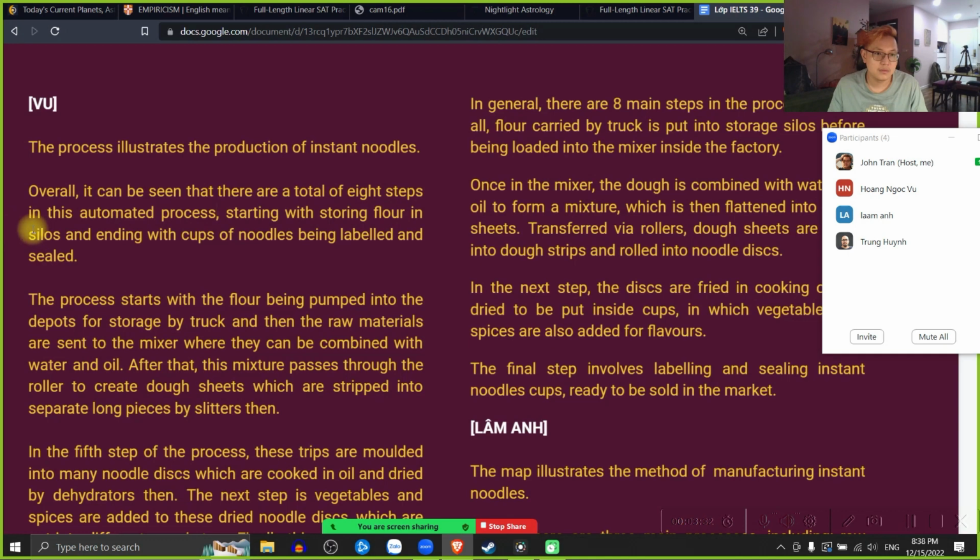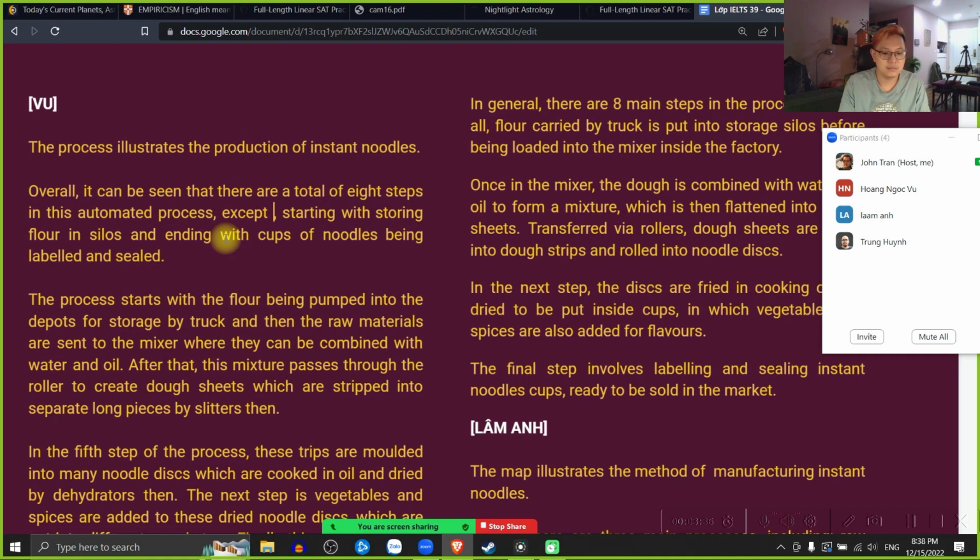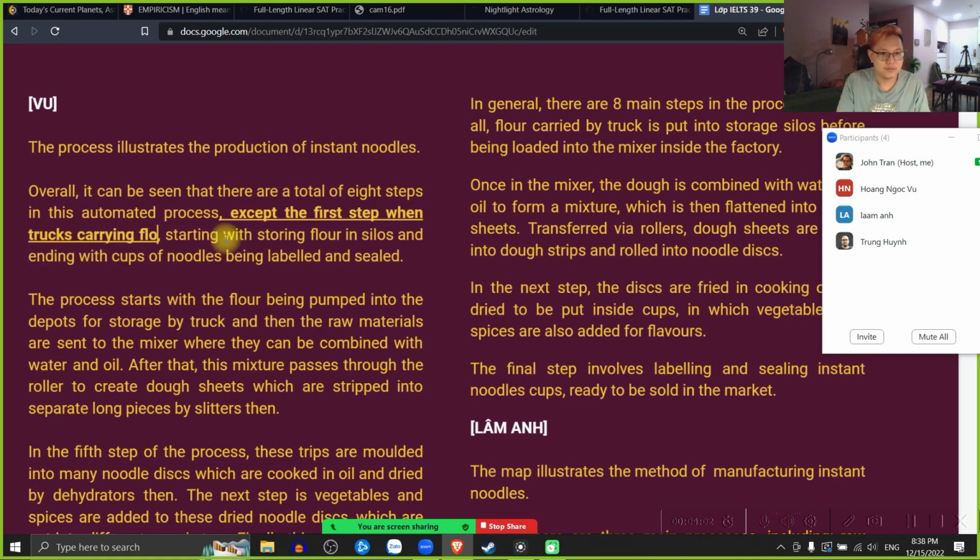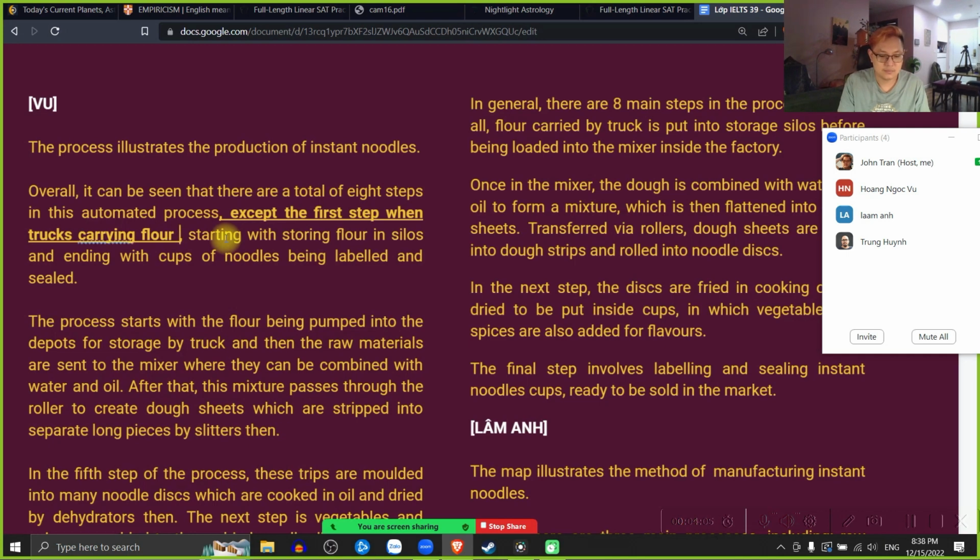I think here you should say "except step 1". Yeah, okay. "The first step." It's more accurate. Nó sẽ chính xác hơn. Mình ghi là ngoại trừ cái giai đoạn đầu tiên. In this automated process, except the first step when trucks carrying flour have to be used.